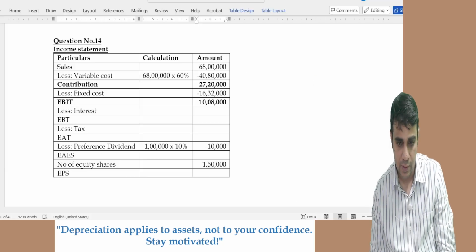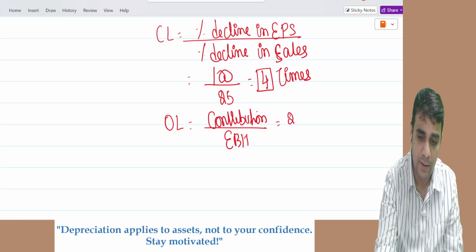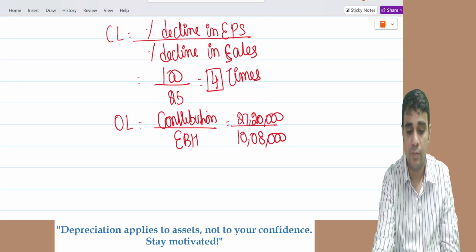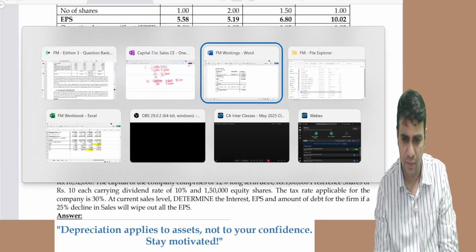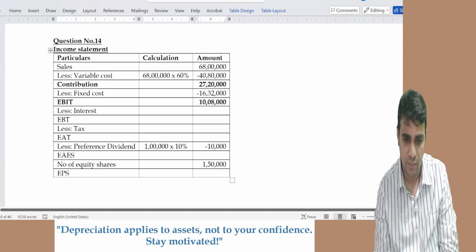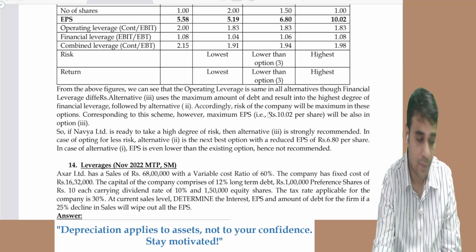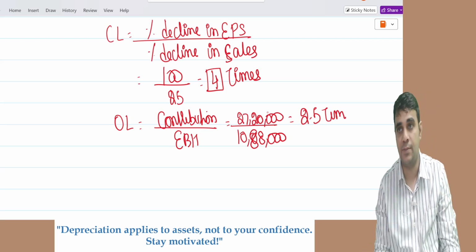We have calculated 27 lakh 20,000 and EBIT 10 lakh 88,000. Divide by 1088, 2.5 times. Any doubts on this?